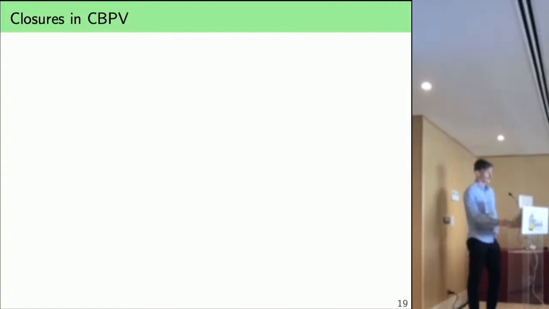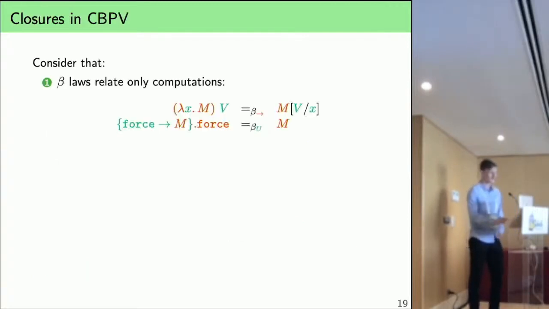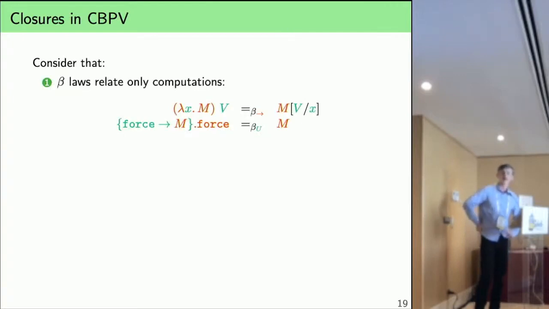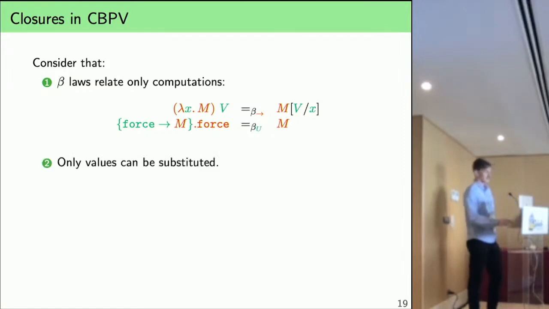Where do we put closures in such a language? Well, consider two facts: that beta laws only relate to computations, and only values can be substituted. And I mentioned earlier that we use closures to capture the delayed substitutions of things that might appear in a different environment later.